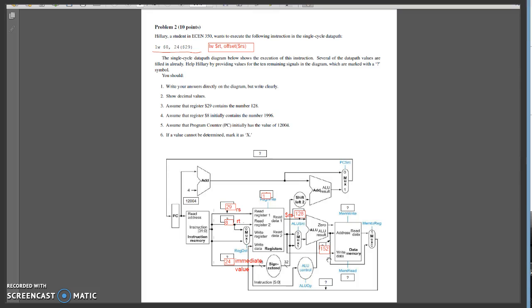Next, we're in our data memory. In this case, we know our MemWrite is 0 because it's not writing anything to our data memory. So let's go ahead and fill that out. 0.